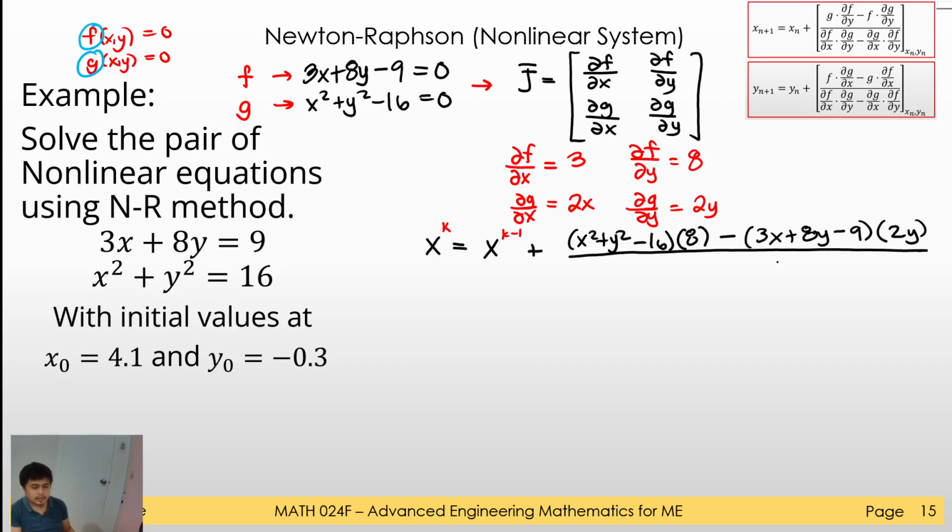And then all over del f over del x, which is 3, times del g over del y, which is 2y, minus del g over del x, which is 2x, times del f over del y, which is 8. We will utilize the previous values of these, so I'll just write here x k minus 1, y k minus 1.